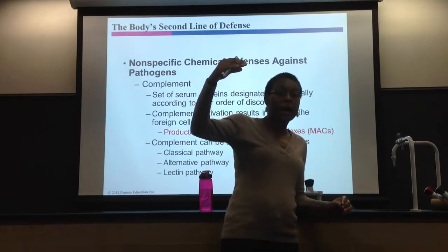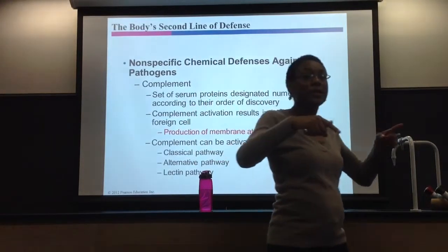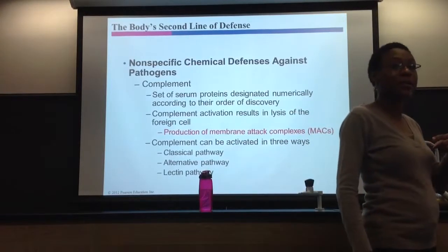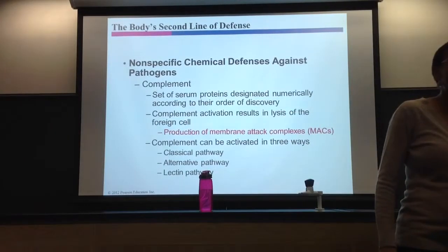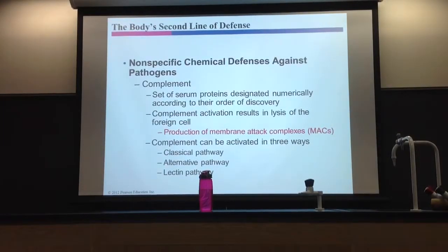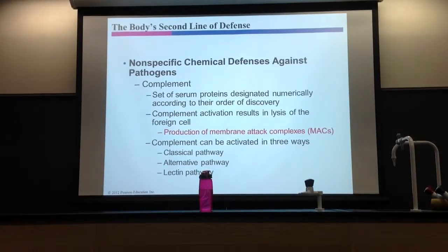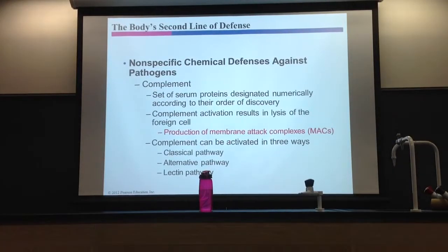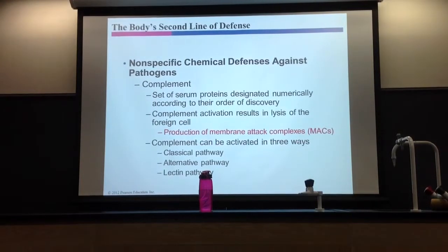Well, if those complement guys find mannose, it triggers the whole process. What's the sugar called? Mannose. M-A-N-N-O-S-E. Mannose, it attaches to the sugar, and it starts the whole process. We're getting the same results with a MAC attack. You just got 3 different ways of doing the same thing: killing the invader by literally punching holes in their membrane. That's how you take them out.